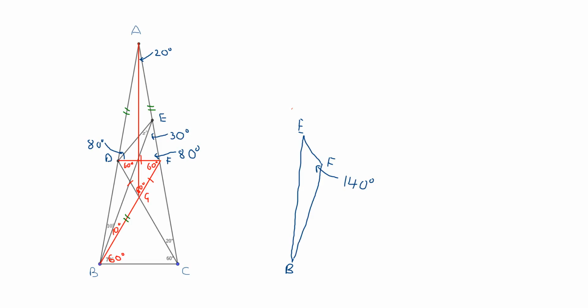We can immediately see that we've got 30 degrees up here, but I'm more interested in this one down here, this EBF. This is going to be 10 degrees. So I know that this is going to be 10 degrees. Now my second triangle I'm very interested in is triangle AGF.